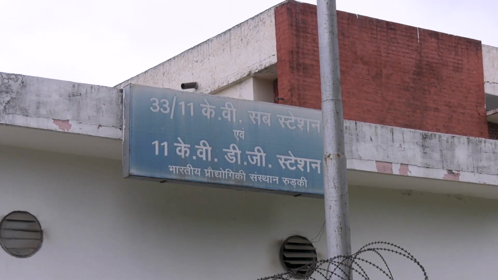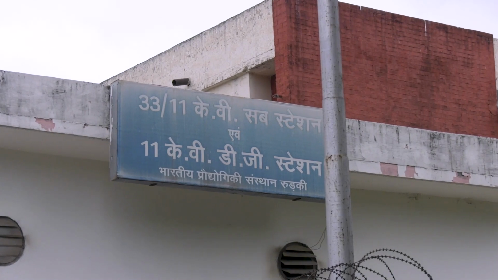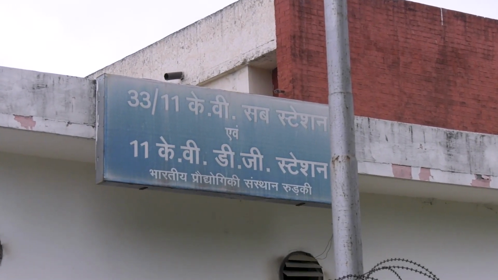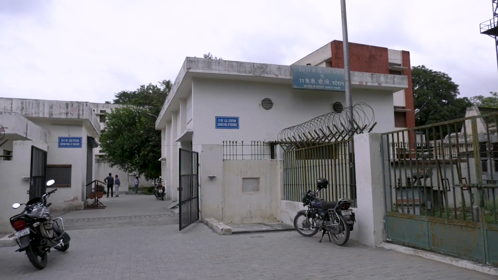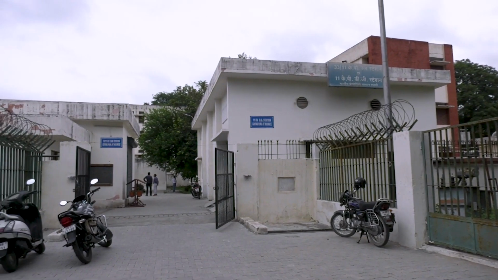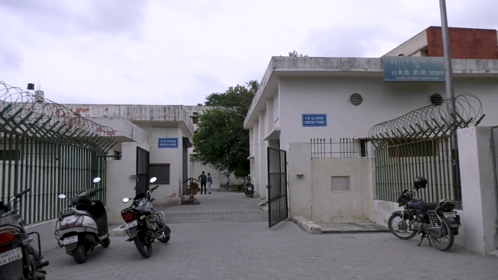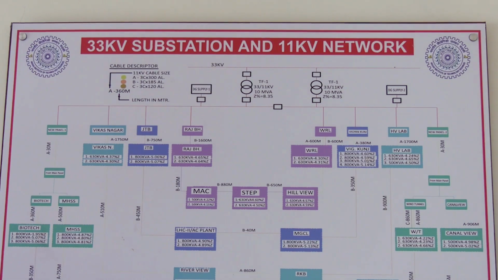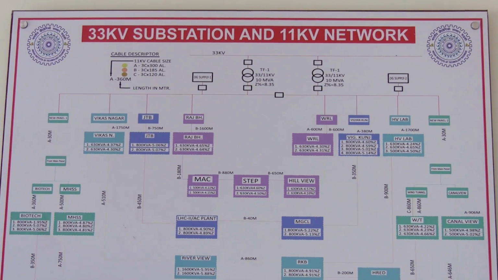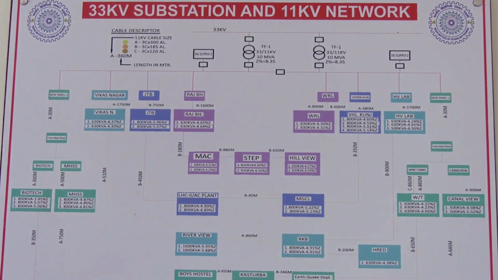We begin our tour at the 33/11 kV substation and the 11 kV DG station. This will serve as the starting point for our comprehensive analysis and implementation plan. Let's start by discussing the single line diagram of IIT Roorkee power distribution system.